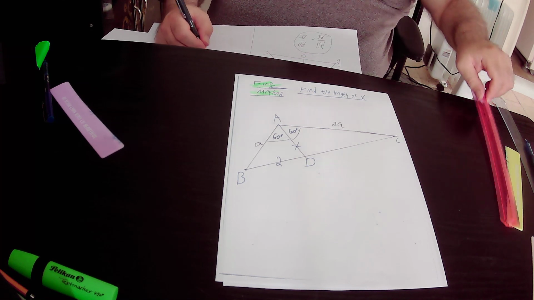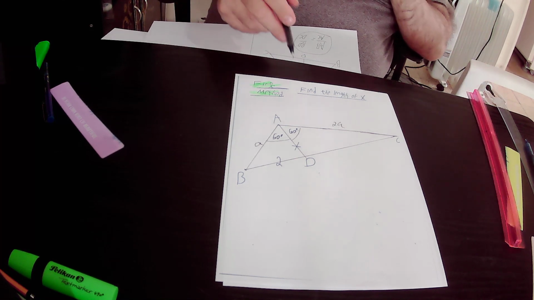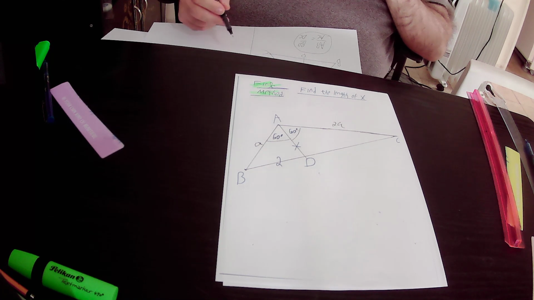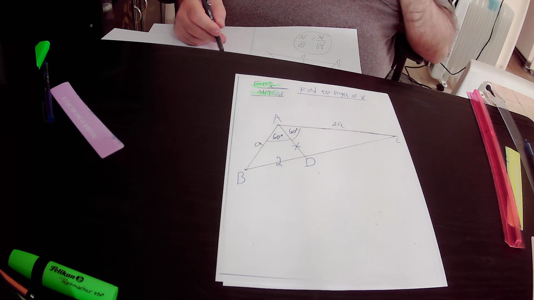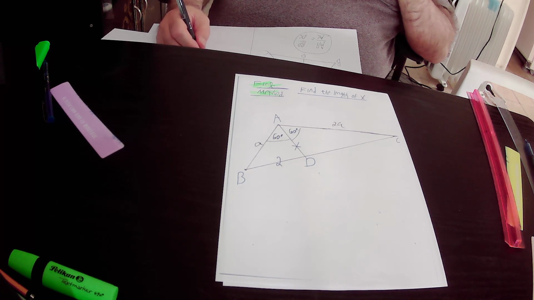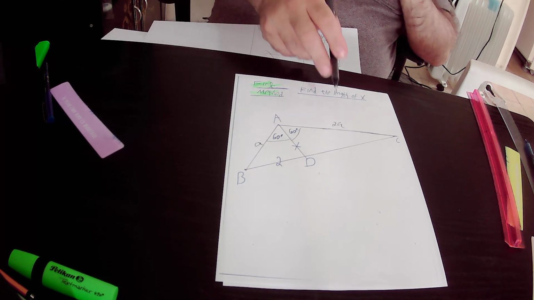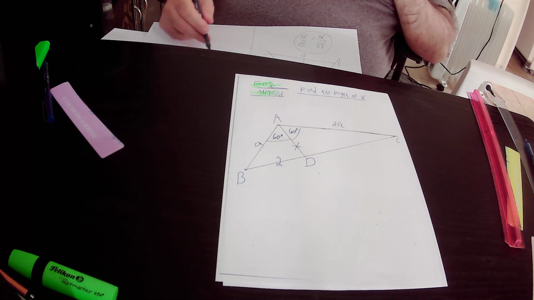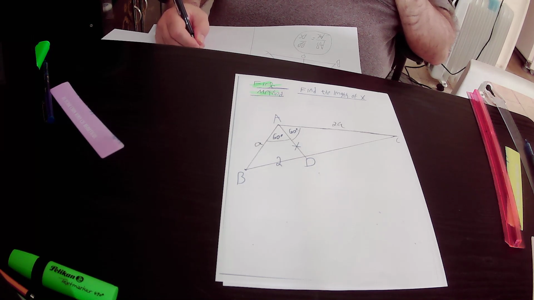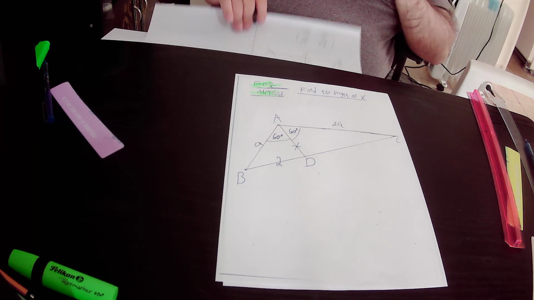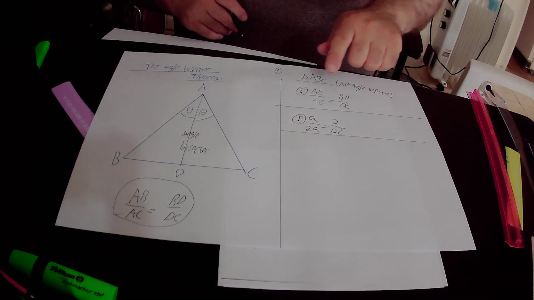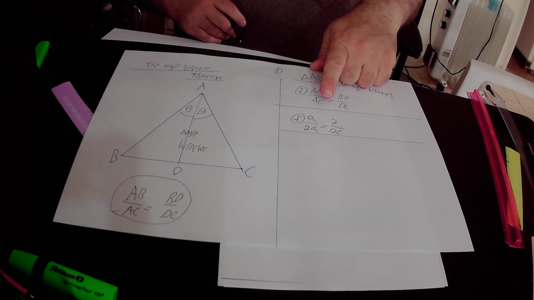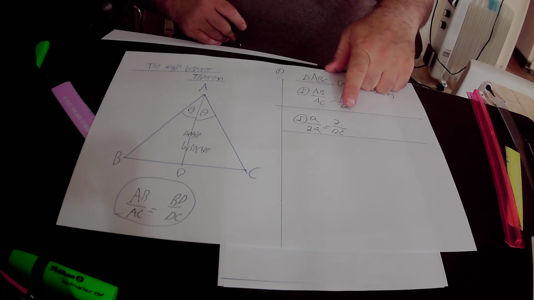BD equals 2 units according to what has been given to us in the question, so we substitute BD by 2, and DC is the missing line segment, so we leave it as it is. So according to equation number 2, A over 2A equals 2 over DC.